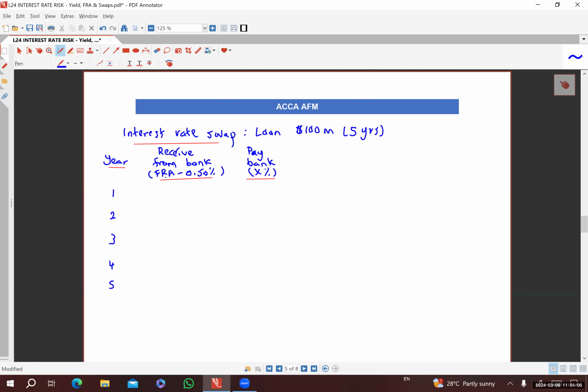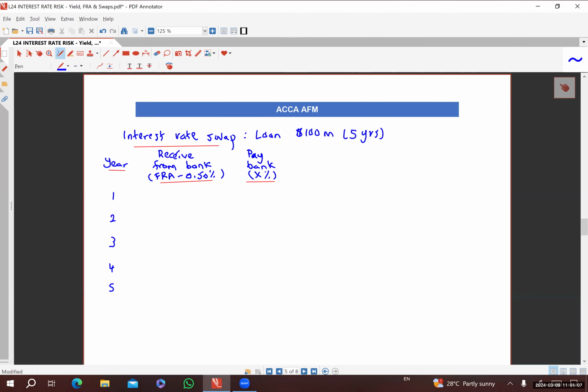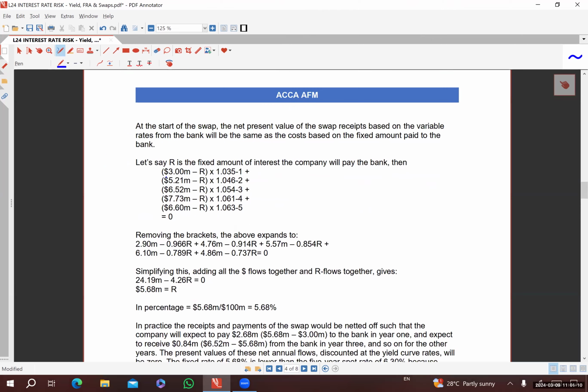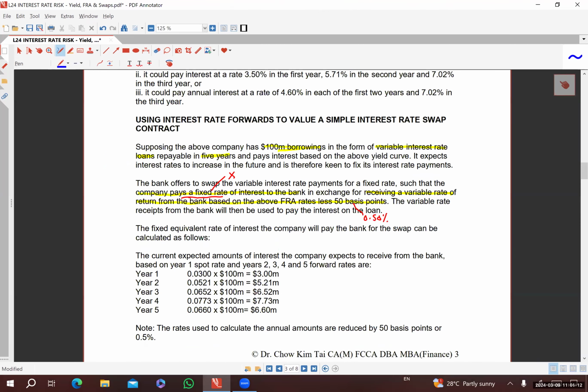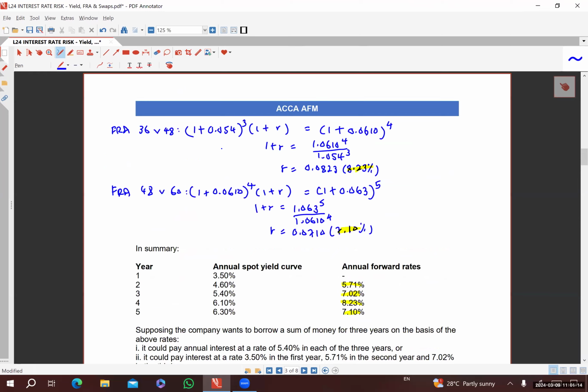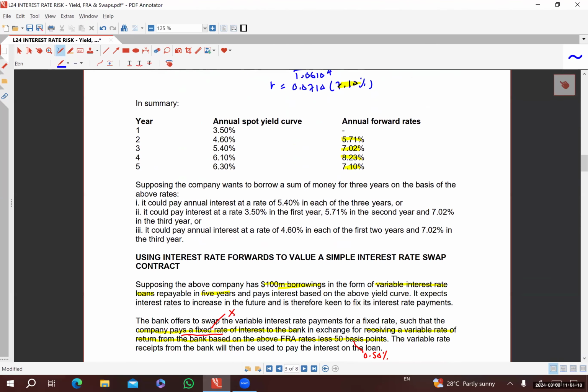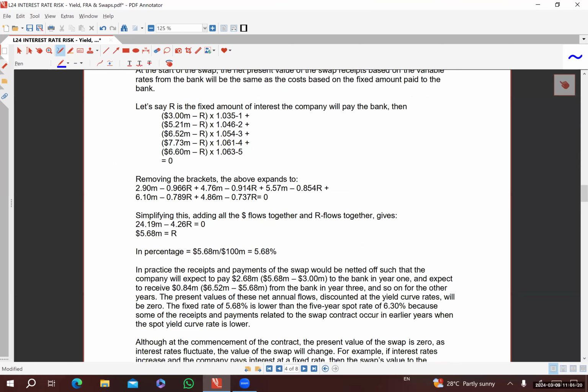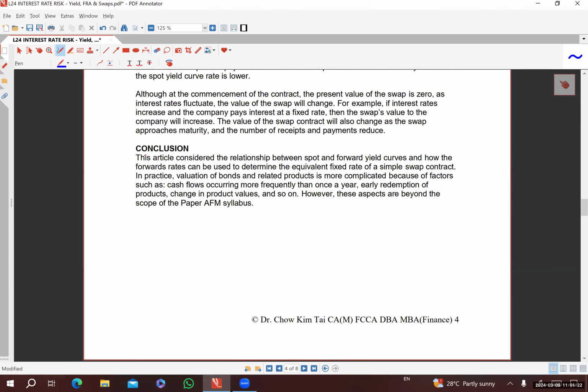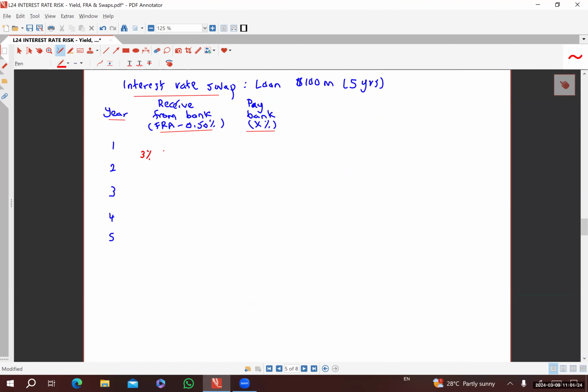First year, FRA is 3.5%. That's what we get also. 3.5 minus 0.5 is 3%. So first year should be 3% times $100 million, that is 3 million, correct?